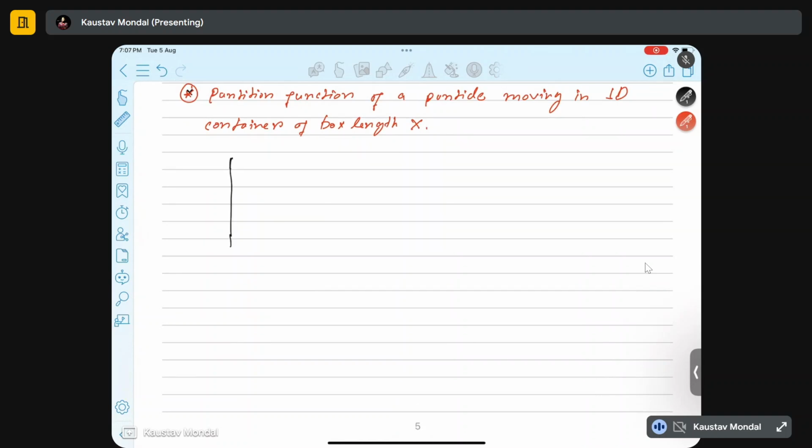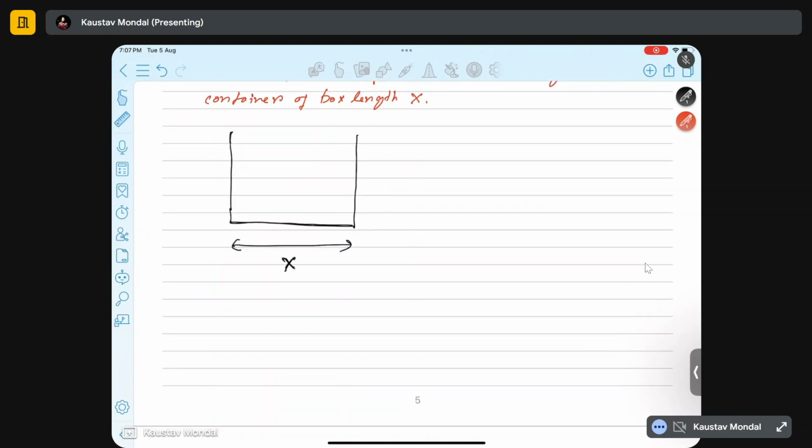Let's suppose this is a 1D box. The length extends only in this x direction. Let's suppose this length is capital X, and this is the energy axis. This is the infinite energy well, right?